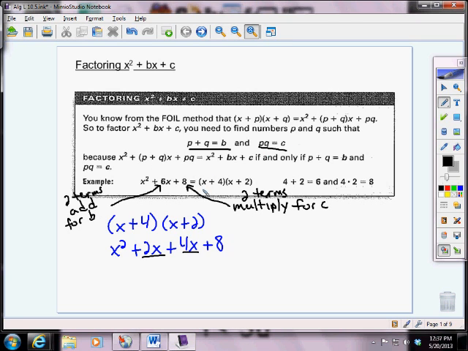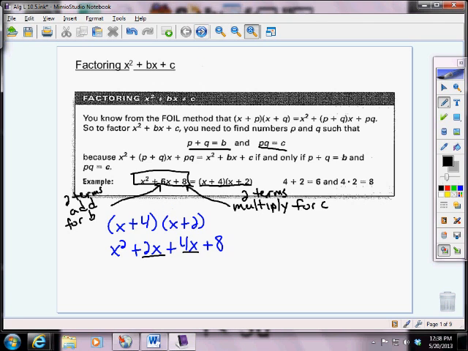In this example here, we're looking for two numbers that multiply to give you 8 and add to give you 6. 4 and 2. 4 times 2 is 8, 4 plus 2 is 6. So that's what we're going to be doing when we're factoring. We're going to be given the quadratic and we're going to break it down into its factors. Looking for two terms that multiply to give you your last term here, your c, in standard form, but also add to give you your b term.